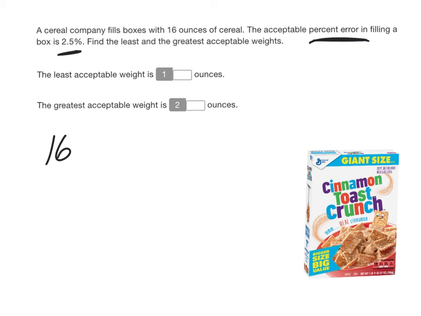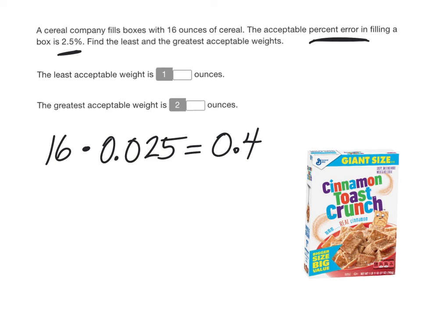And so I'm going to take 16 and multiply it by the decimal version of 2.5%. So that would be 0.025, 25 thousandths. When I multiply this out, I figure out that 2.5% of 16 is 4/10.